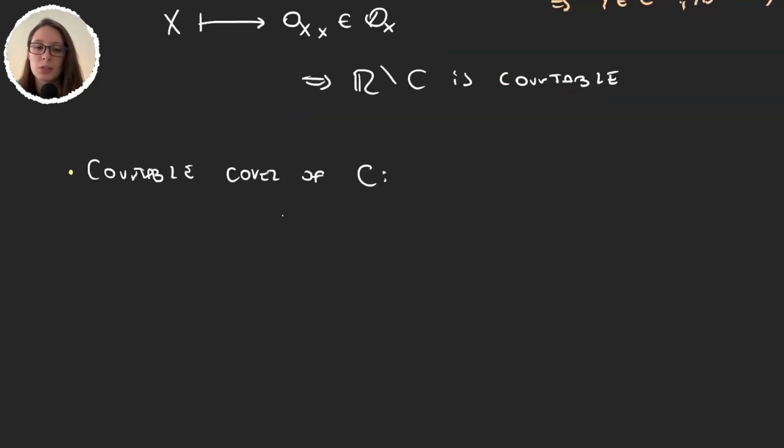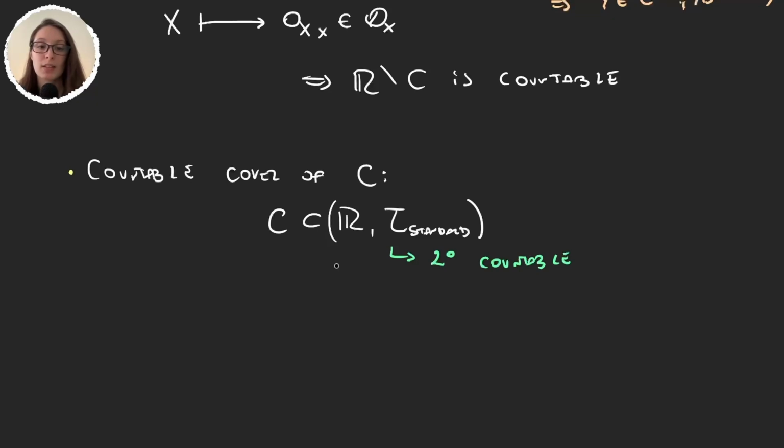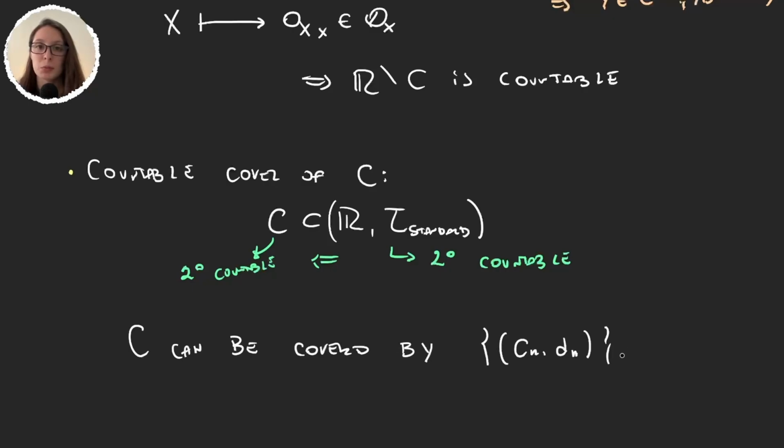For this, we will consider C as a subset of R, but with the standard topology. Now remember that the real line with the standard topology is second countable, and that implies that C will also be second countable, with the standard topology. So this implies that we can cover C with a countable family of open intervals.